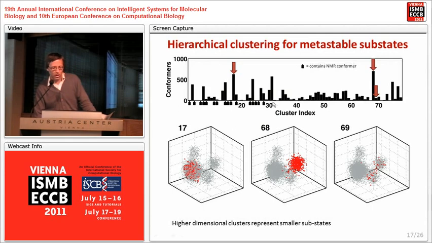So most of the clusters, the first, let's say 20 or 30, these are arbitrarily indexed, are similar to structures in the NMR ensemble, but most of the clusters, and indeed most of the simulated conformers, are actually outside of that. And that's not surprising. We commonly see simulations that access states that aren't seen in NMR ensembles.